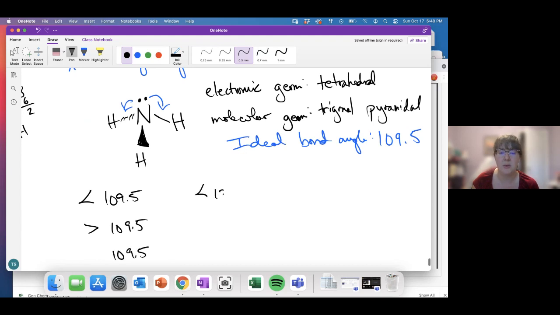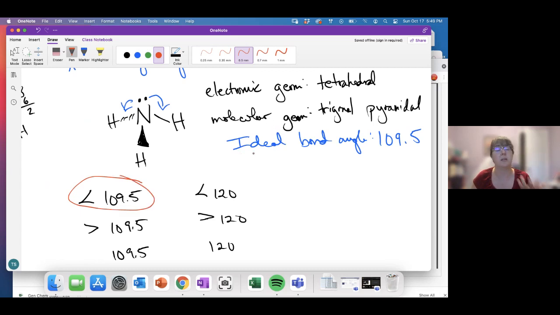And then we would do the same thing with the bond angles for trigonal planar, essentially trying to throw you off, thinking that maybe you forgot there's a lone pair on there. So this is one potential set of options. What we're looking for again is that the bond angle is going to be squished, so we would be expecting the answer to be less than 109.5. This is one option of what test deviations would look like.